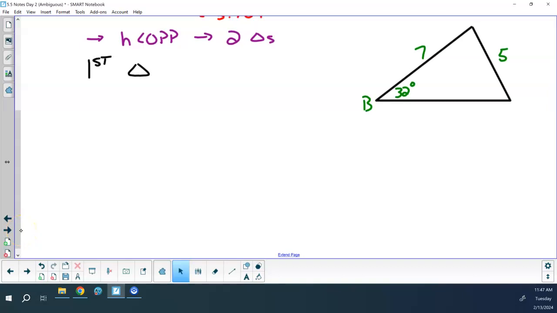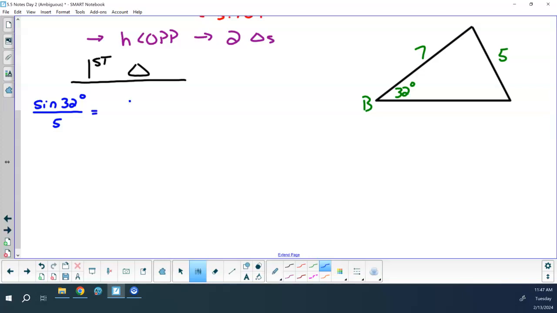Okay. So we could say here then that the sine of 32 degrees divided by 5 is going to equal the sine of angle A divided by 7.